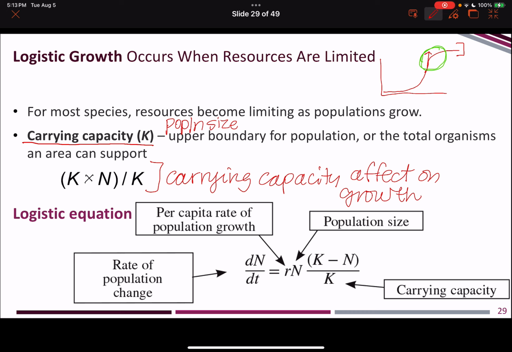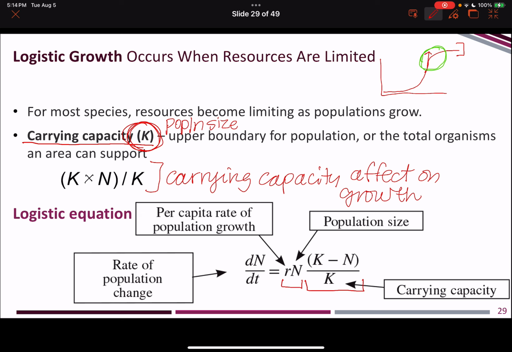So carrying capacity is denoted by the letter K. So that's our value, our population size. And this little equation here, K minus N divided by K, is going to be the effect of the carrying capacity on the population. And so what we have is a modified equation here where we've got our growth rate and our population size and the effect of the carrying capacity.